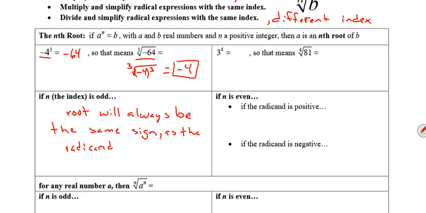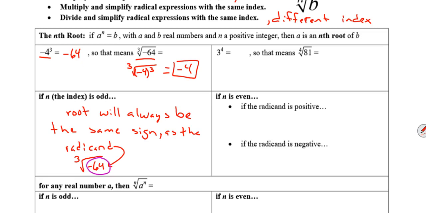The radicand is just the number under the radical symbol, just to give you a little bit of terminology. So negative 64 is the radicand. If the radicand is negative, then the answer will be negative. Pretty straightforward.